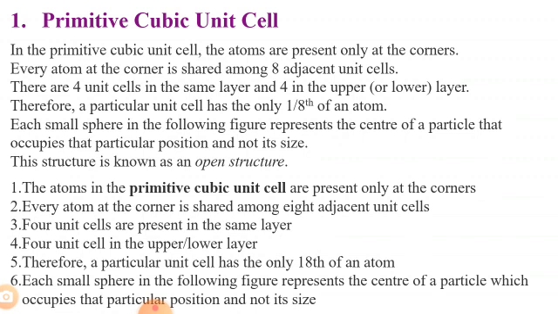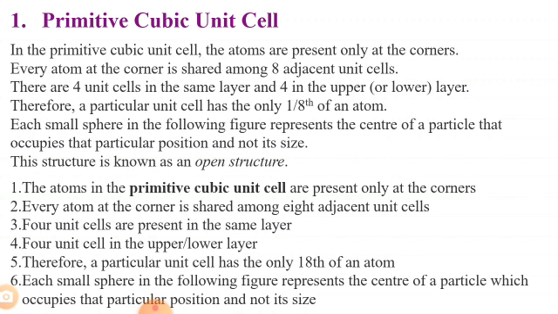So every atom at the corner is shared among 8 adjacent unit cells. So there are 4 unit cells in the same layer and 4 in the upper or lower layer. Therefore, a particular unit cell has only 1/8 of an atom.